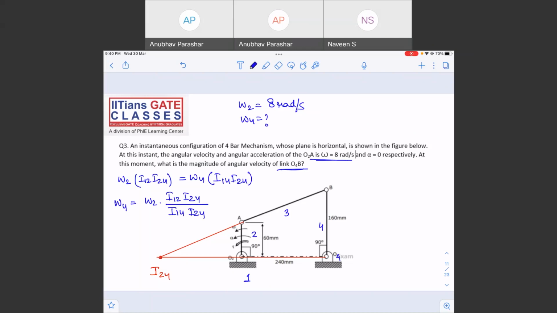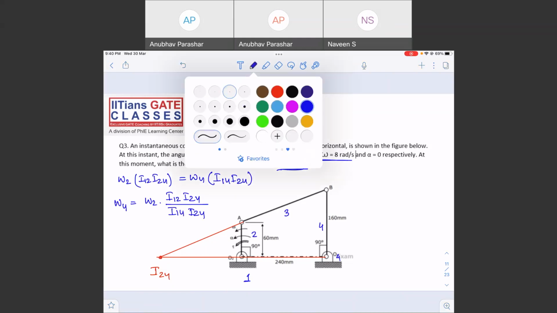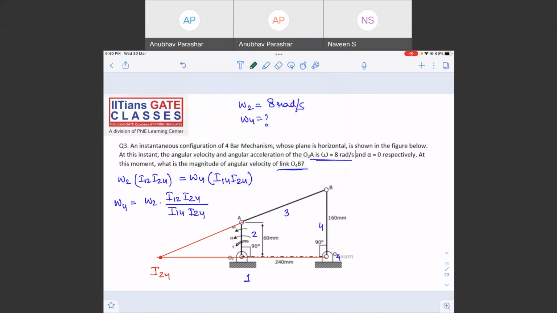What is I12 I24? We all know. Let us try to mark the other I centers also. That will help us. So this is I12. This is I24. This is I23. This is I34. We have already seen this, right?